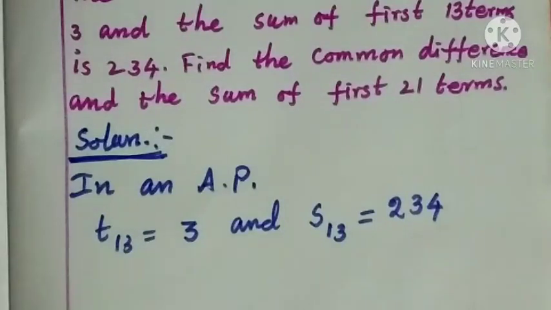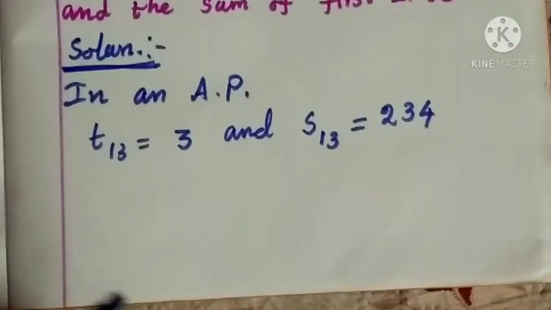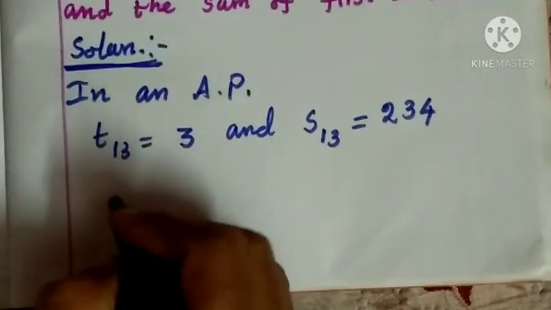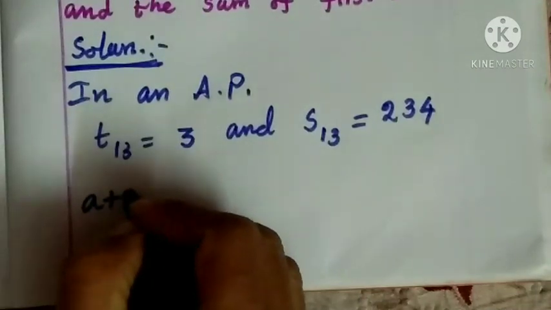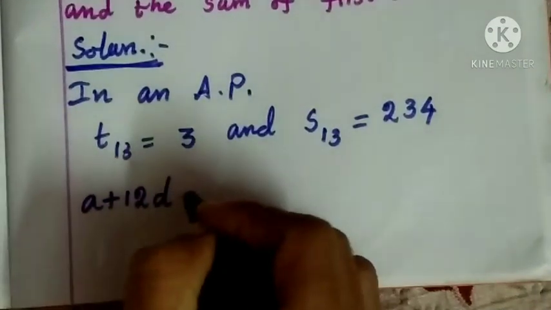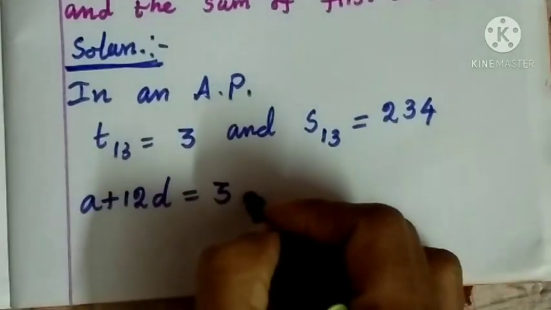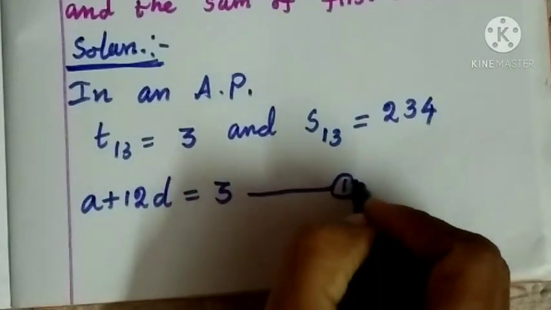Now you have to write the general form of T13, that is a plus 12d is equal to 3. This one we take as the first equation.